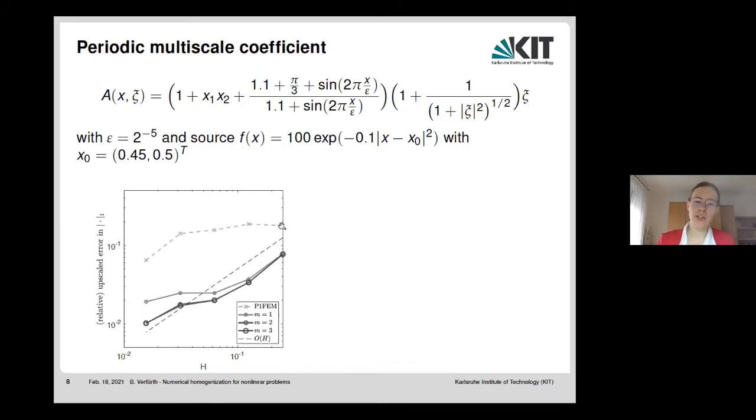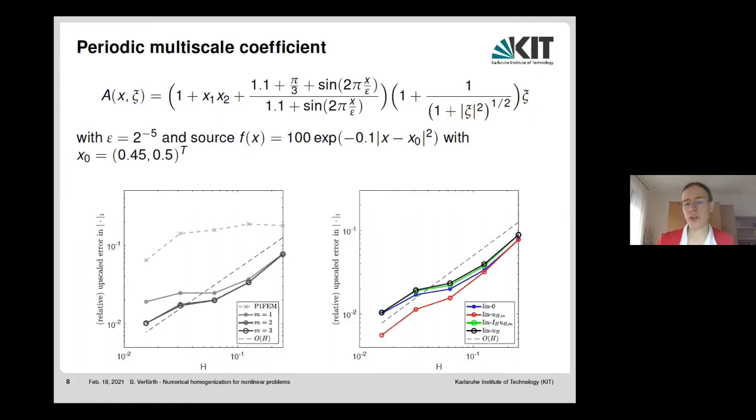And for comparison, I also computed the finite element solution on the corresponding mesh, and you see that it does not resolve the variations of the coefficient and therefore is a very poor approximation. On the other hand, for m equal 2 or 3, we have a nice linear convergence almost throughout the whole process. And this was computed with U star equals 0, so with a simple linearization at 0.